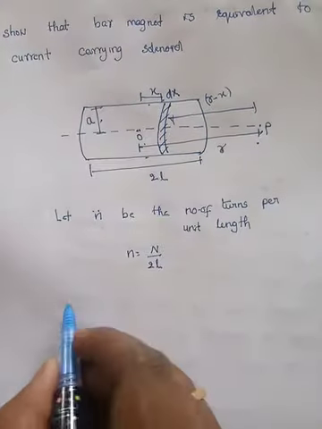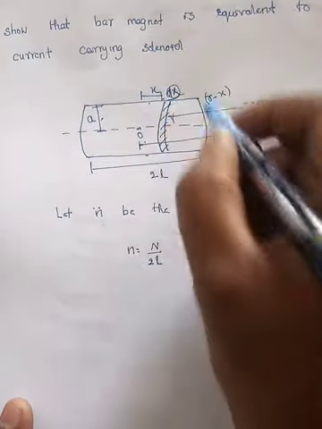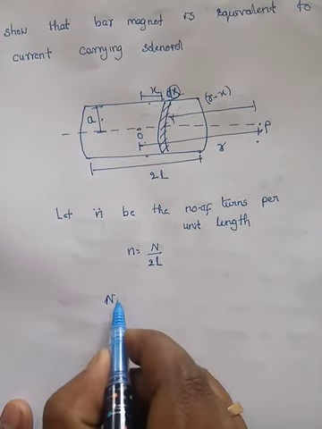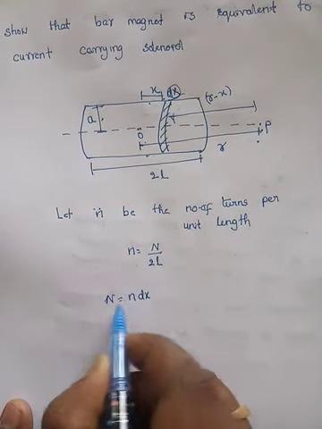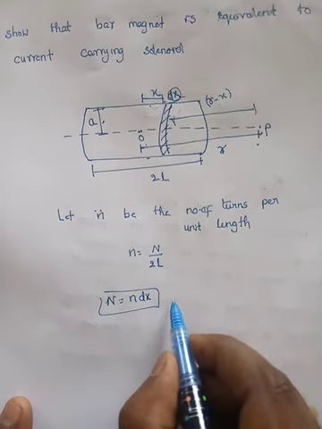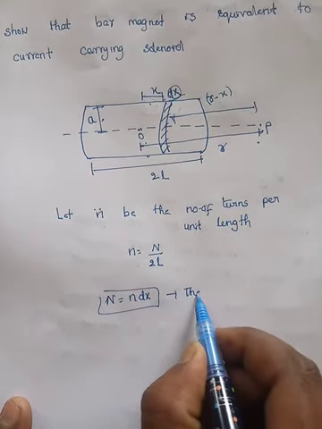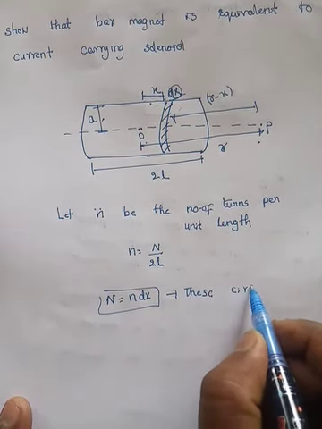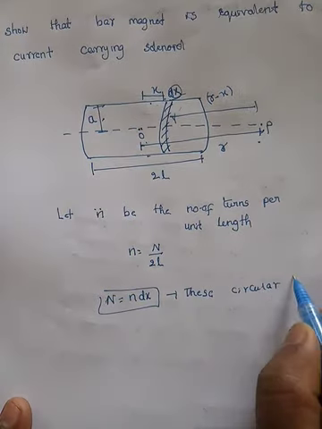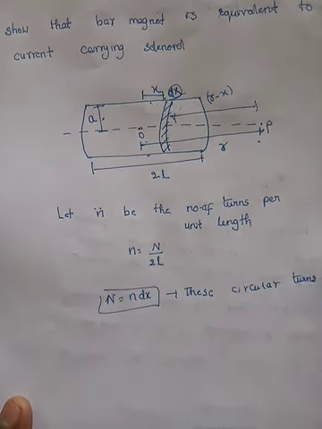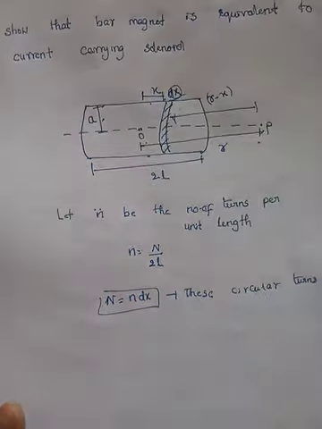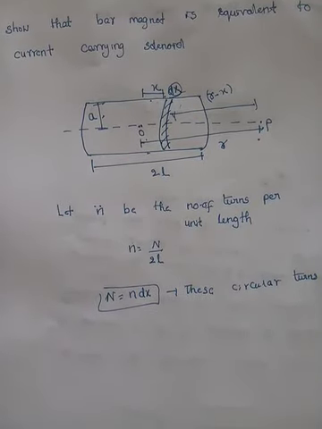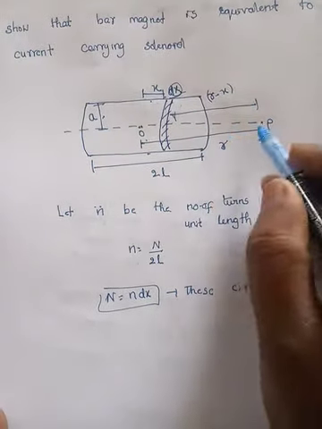Like this, how many circular turns are there? N is equal to n dx. These circular turns are present inside the solenoid. Now this is a circular loop carrying a current, and this is the axial point.